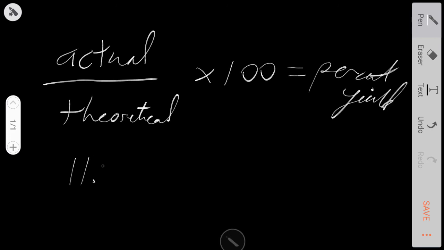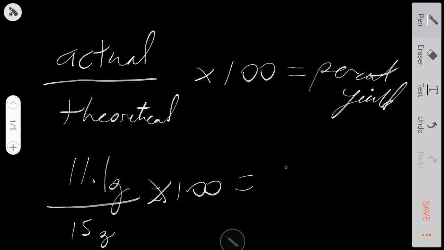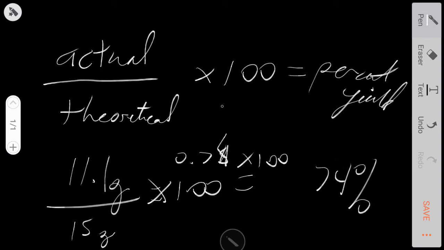So actual is 11.1 grams divided by 15 grams, times 100. You should have 0.75 times 100, which equals 74%. So the answer for 21 is A.